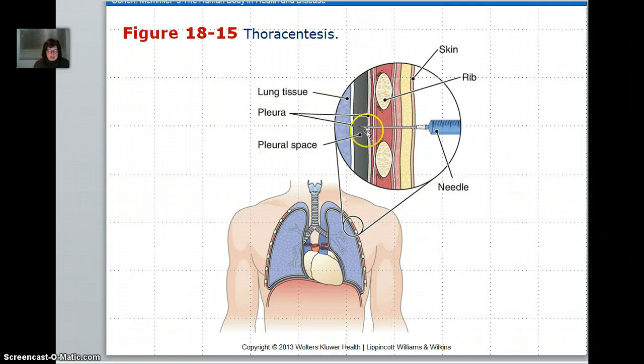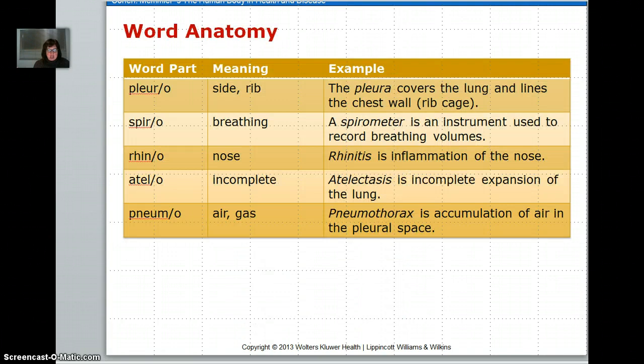Okay, all they need to do is suck the air out or aspirate it. Good. That's pretty much it. There's a bunch of diseases there. Again, just associate the diseases with the proper system.